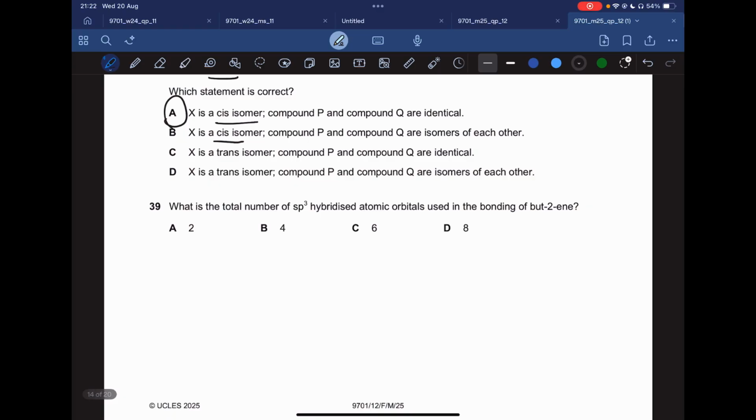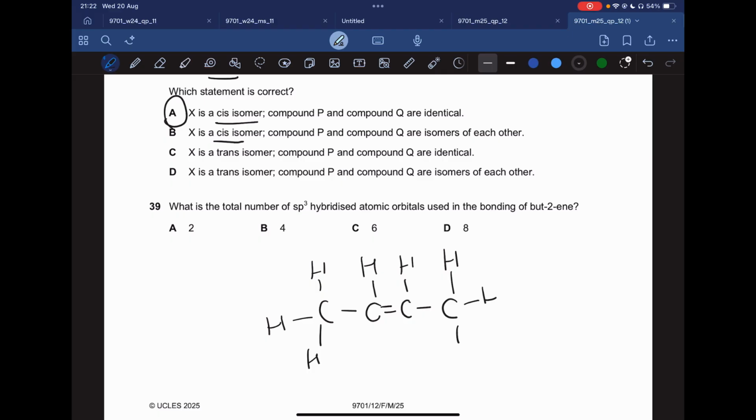Okay, what's the total number of sp3 hybridized atomic orbitals used in the bonding of butene? So let's draw out butene. Now let's determine what is sp3. For sp3, we're looking at 4 bonds.